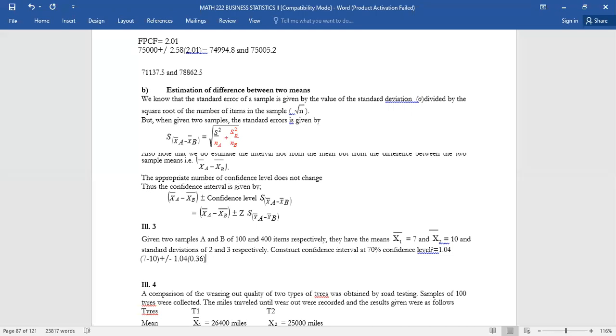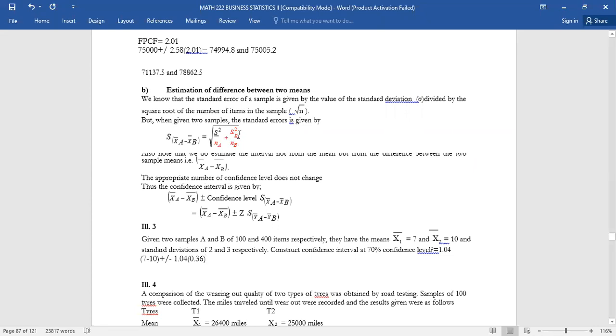Jackie, you're supposed to find the square root of 0.04 plus 0.0225. What is 4 over 100? 0.04. Then add 9 over 400, which is 0.0225. You get 0.0625.